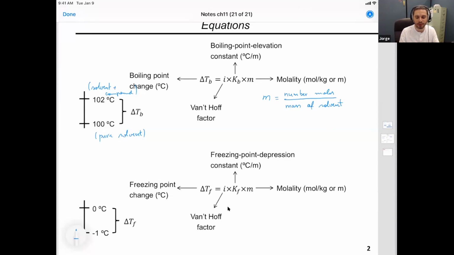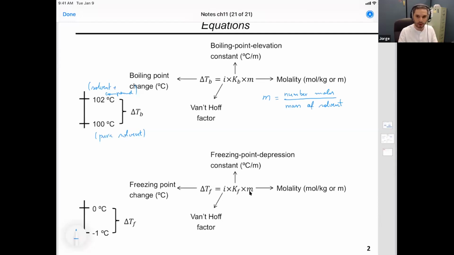For the freezing point depression, the equation is almost identical, except that now we are going to use the freezing point depression constant, Kf. Okay? And we still have the Van 't Hoff factor and the molality.